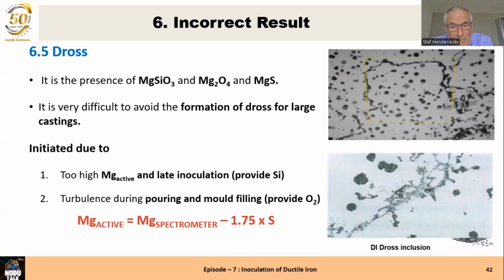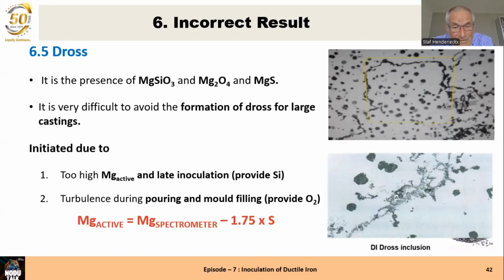How does it come? Well, it's fairly simple. You see magnesium, and you see silicon, and you see oxygen. So that means if you have a very high active magnesium, which is not bound by sulfur, and a late inoculation, which is providing silicon, you risk to have dross.